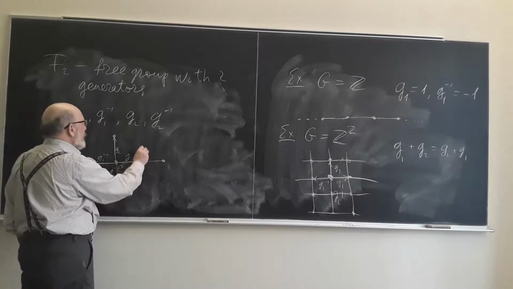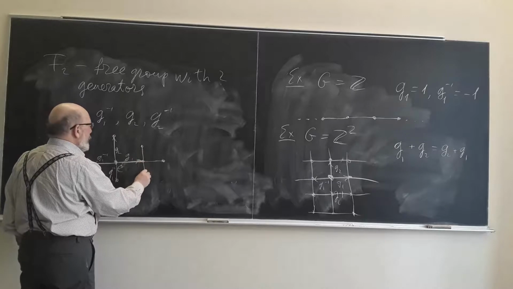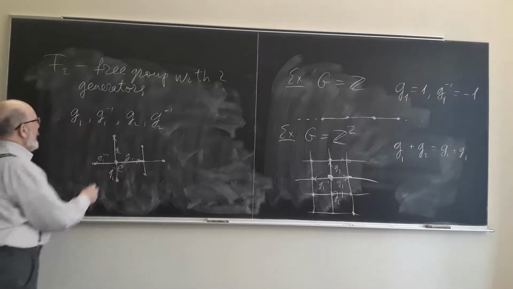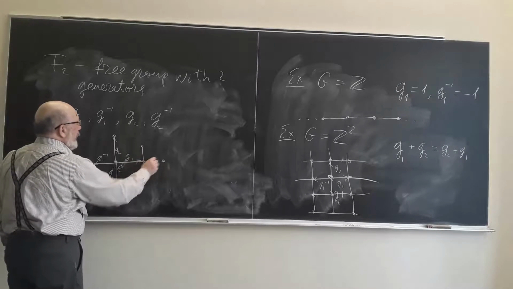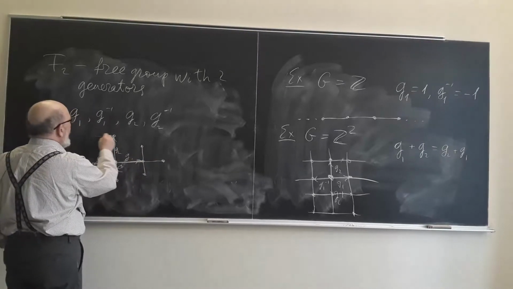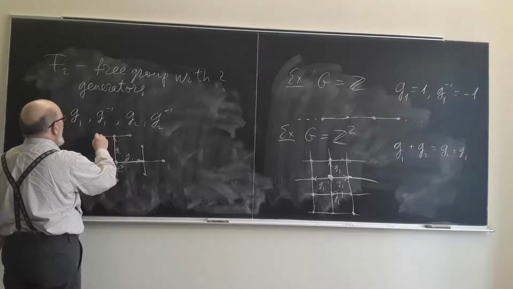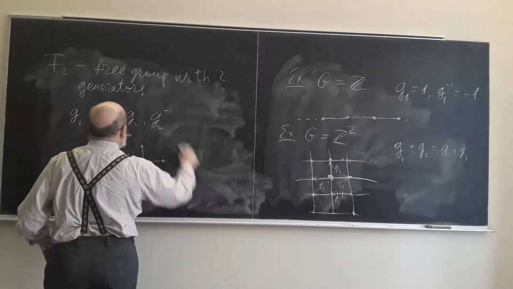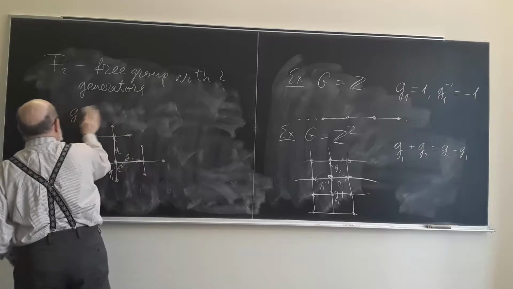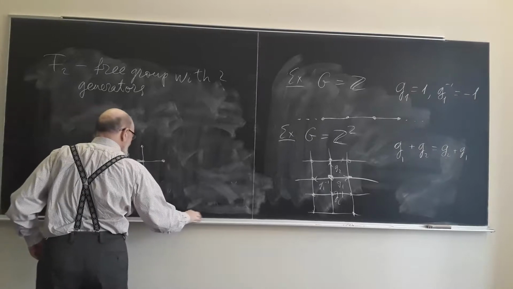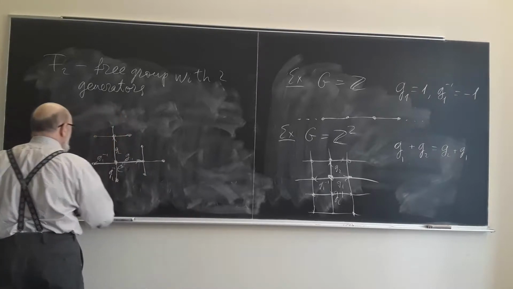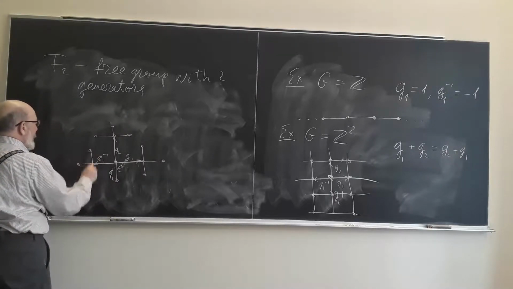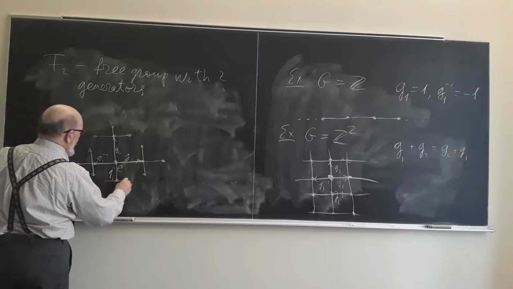So we apply g2 and g2 minus 1. So we have three new elements which are connected with three edges. Here we can apply g1, g1 minus 1 and g2. And the same here, and here.